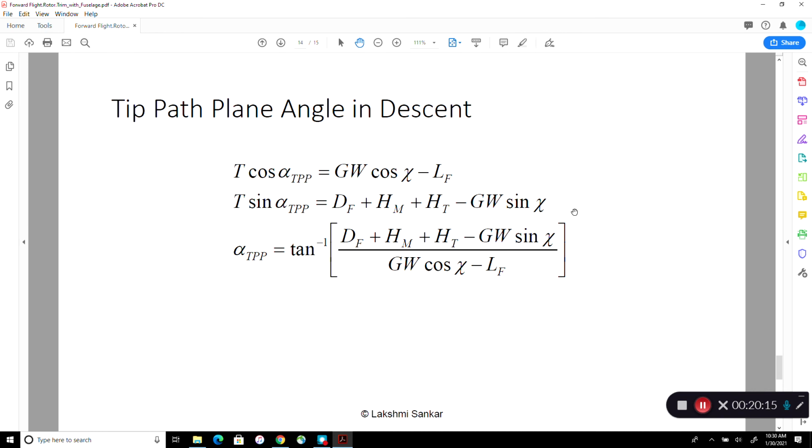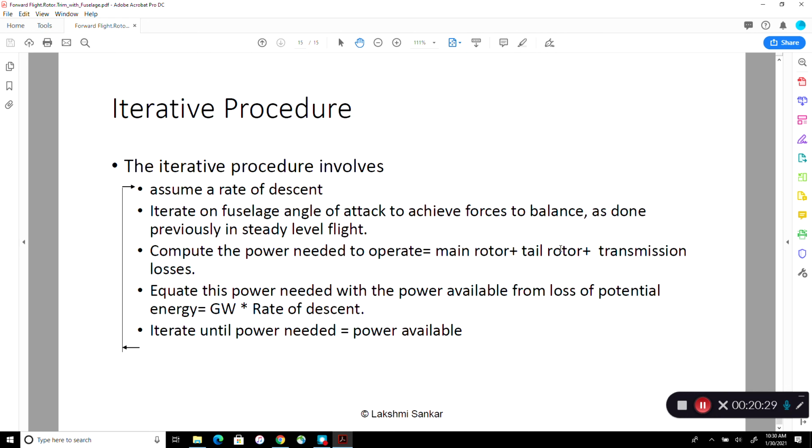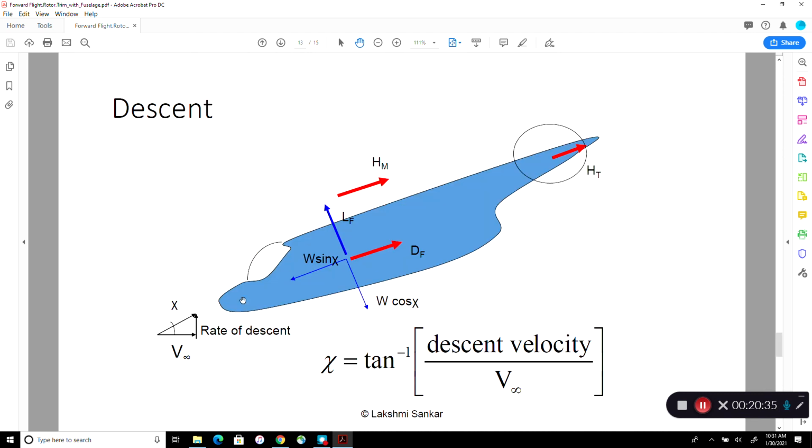So now we want to descend as slowly as possible, okay? Because we don't want to damage the vehicle. We want to descend gradually, so we want to make this chi as small as possible. So you assume a rate of descent. That means you assume a vertical velocity. You're still traveling in the forward velocity.